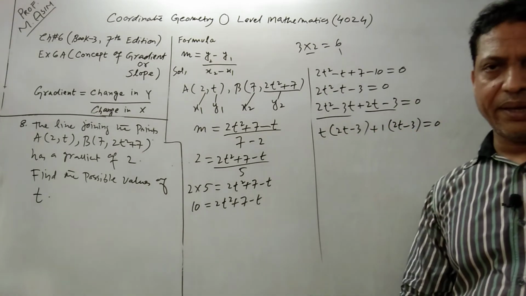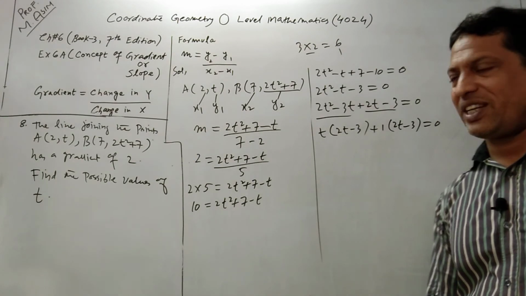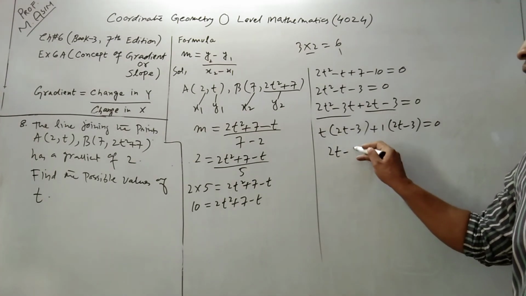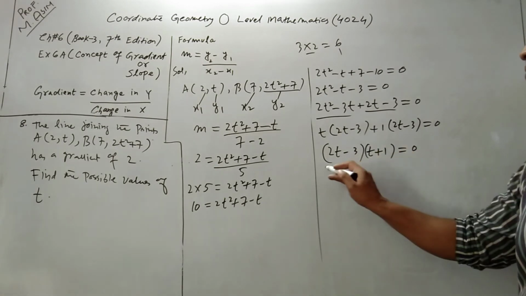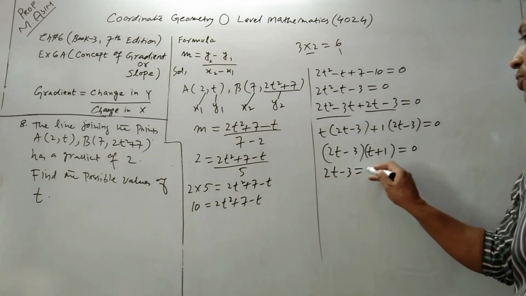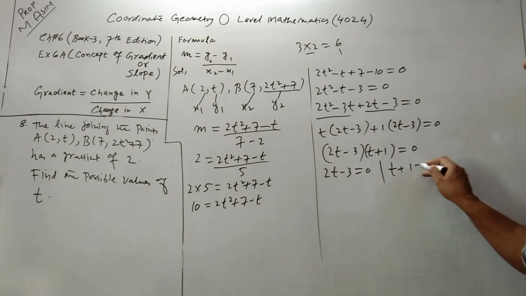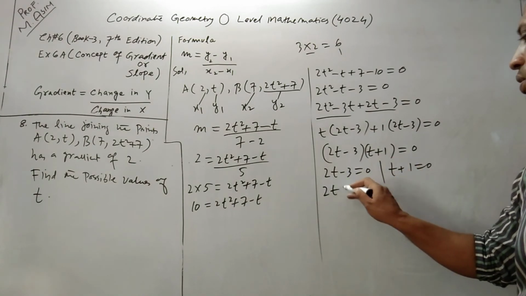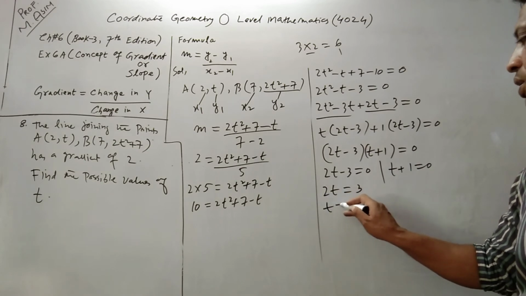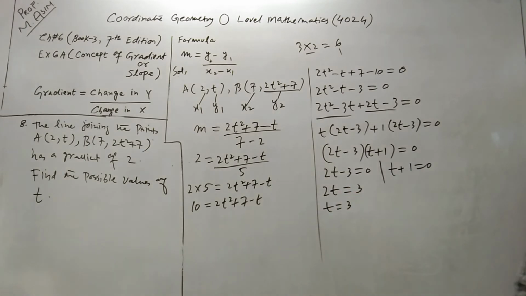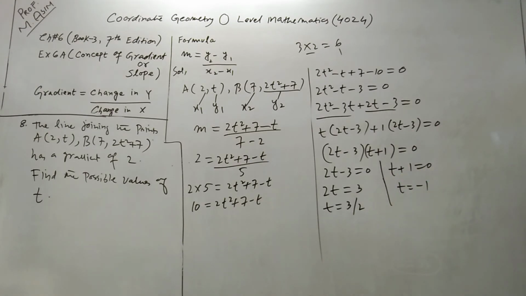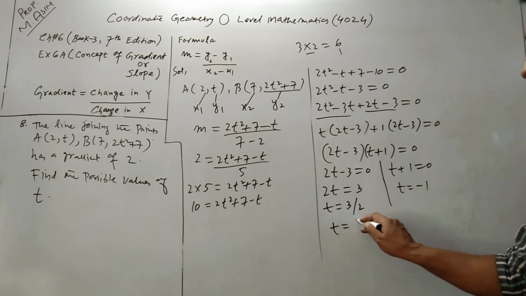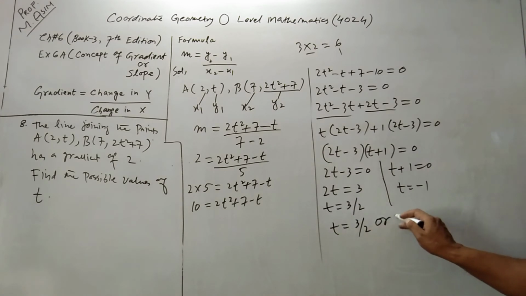These two brackets are the same, it means your factorization is 100% correct. So (2t minus 3)(t plus 1) equals 0, which implies 2t minus 3 equals 0 or t plus 1 equals 0. 2t equals 3, t equals 3 upon 2, and t equals minus 1. Hence the value of t is 3 upon 2 or minus 1.